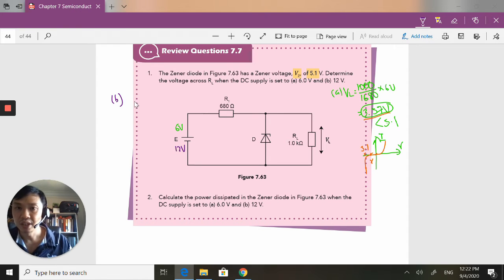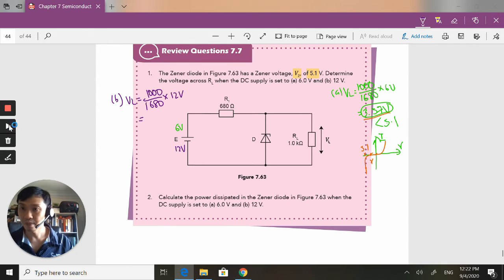Same thing, using the voltage divider method. VL equals 1000 over 1680 multiplied by 12 volts, and this will give me 7.14 volts.